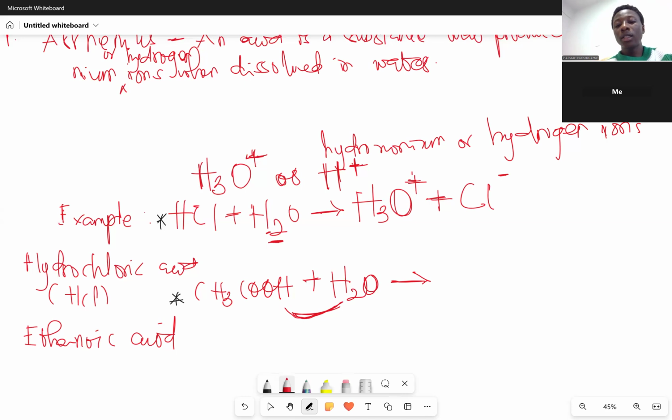H3O plus. What do you think will be left? We are not trying to memorize anything here. That's why I have not even chosen to use any book. I just want you to know that this is very practical. You've removed H. So what is left?